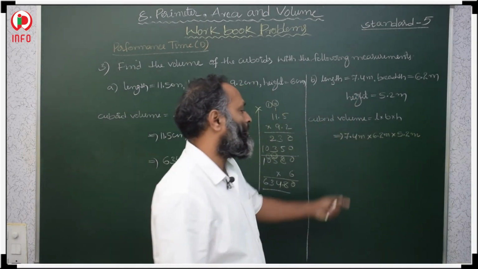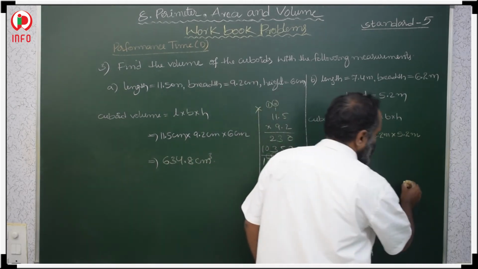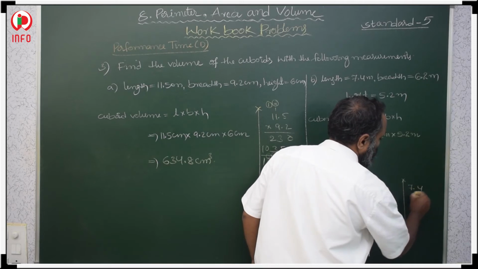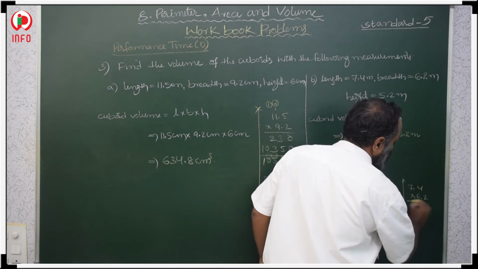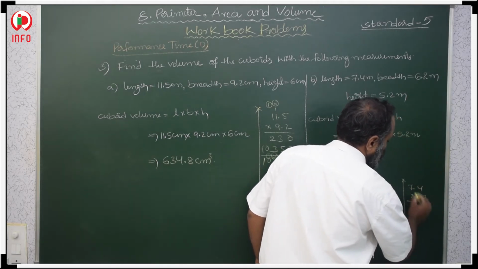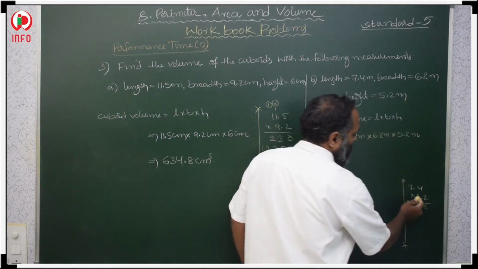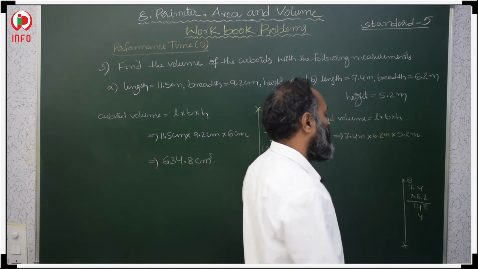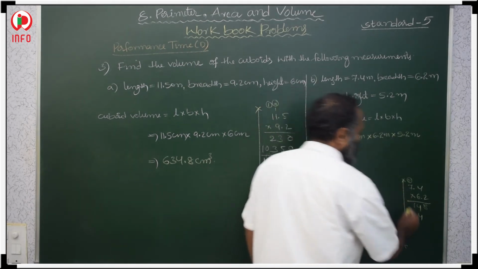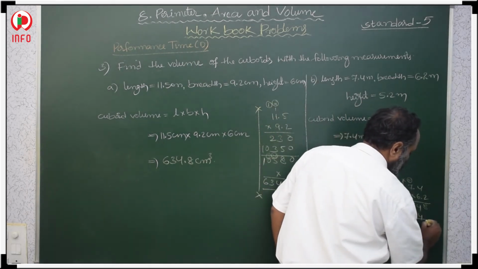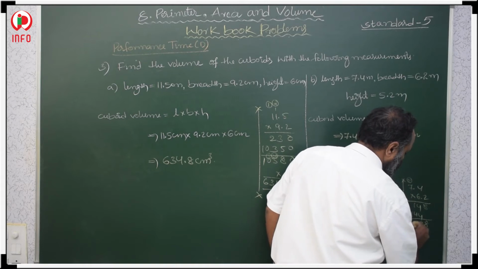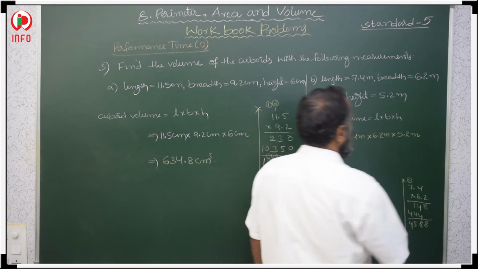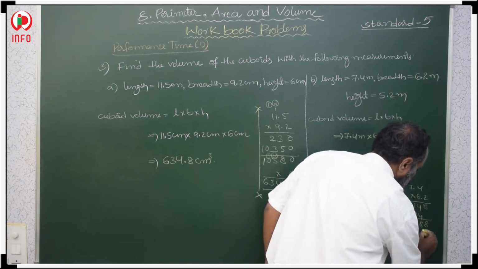First we have to multiply 7.4 with 6.2. 2 4s are 8, 2 7s are 14. Next 6 4s are 24, 6 7s are 42, 44, so we get 45.88. This we have to multiply with 5.2 again.